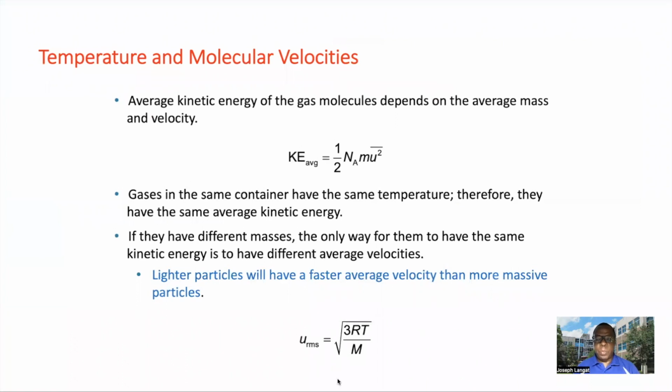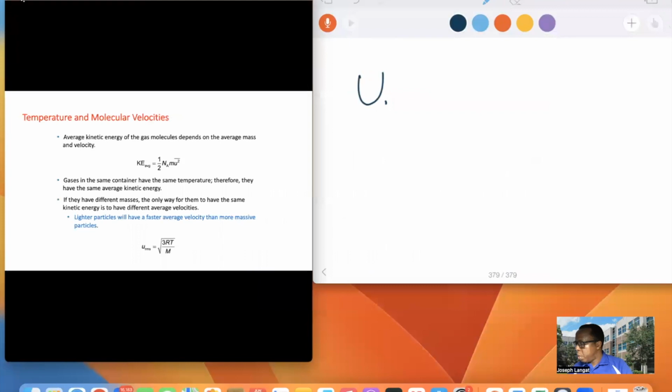And to account for all of them having the same average kinetic energy, even though they may have different masses, there is an equation here. It's beyond the scope of this course how the three came into the picture. This stands for root mean speed, or average speed. Let me just minimize this, I'm writing something on my whiteboard. This is RMS.